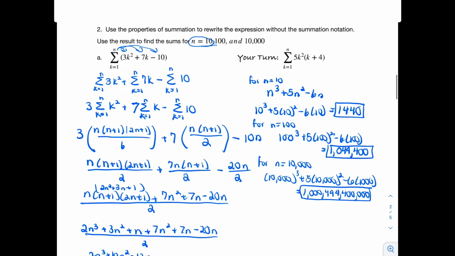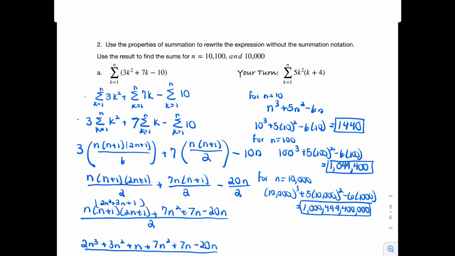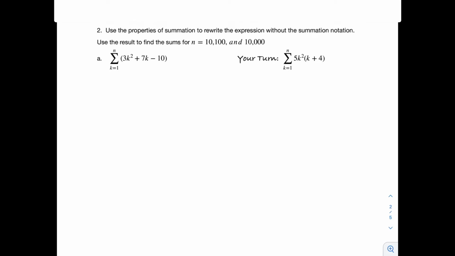Find the summation of k equals 1 to n of 5k squared times k plus 4. Okay, to work this problem, you're going to start by distributing the 5k squared to each term, so we can get rid of our parentheses because we need to get rid of the multiplication operation.